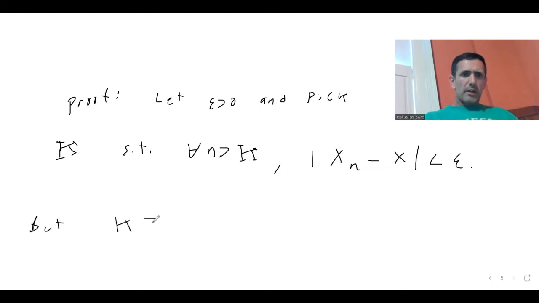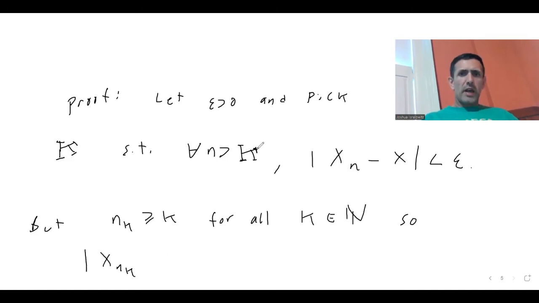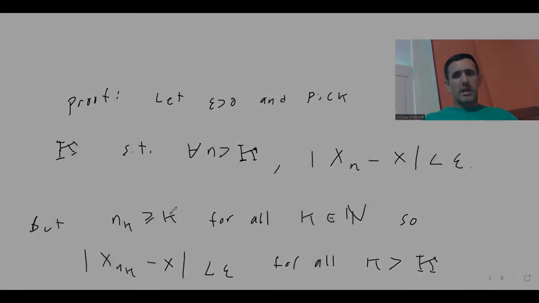But little k, n_k is bigger or equal to k. This holds for all natural numbers k. So this K also works for my subsequence. As long as k is bigger than big K, then n_k is bigger or equal to k.